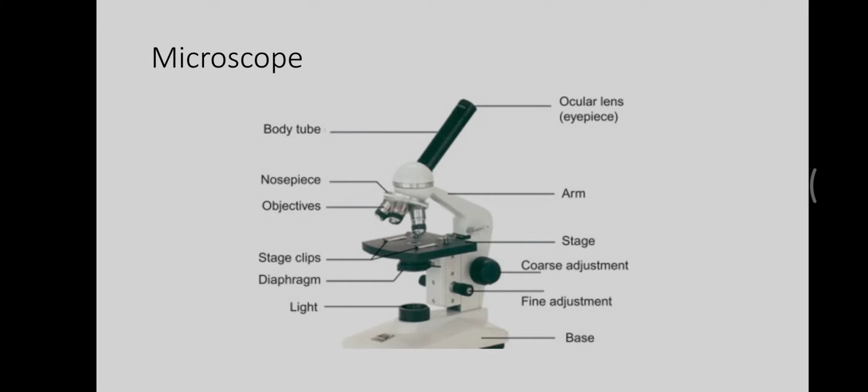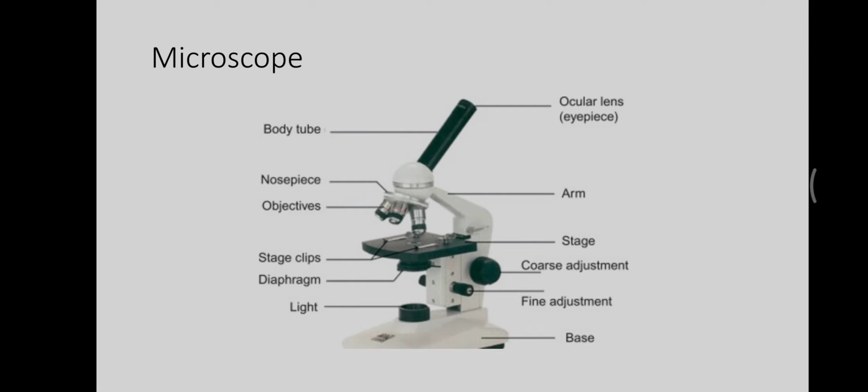Basically, a microscope is a special instrument which is used to observe microorganisms and different kinds of specimens. Here you can see this is an ordinary microscope which we use in the lab.